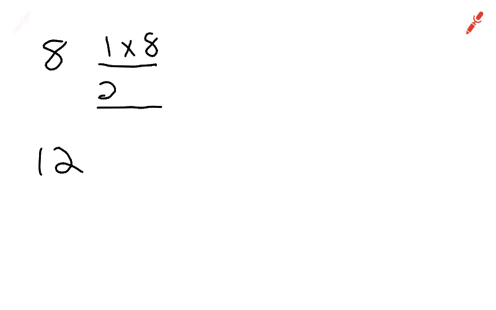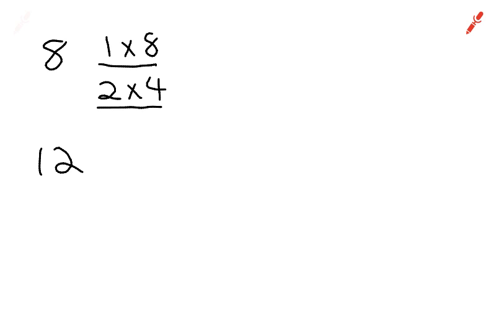In 1A, we're given two numbers. We're given 8. I'll write that here. And we're given 12. The first thing I want to do is figure out what our pairs of factors for 8 are. The first one's always easy, 1 times 8. And then the other one is going to be 2 times 4.